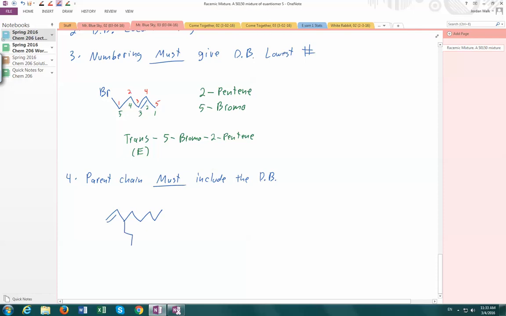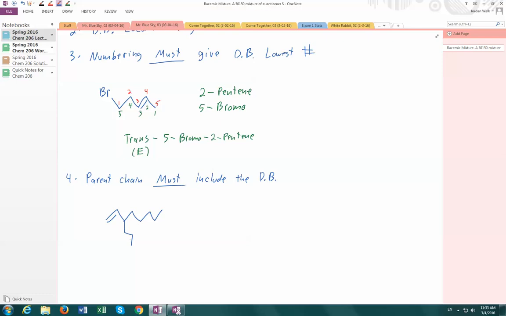What is just the overall longest carbon chain? Well, we should count 1, 2, 3, 4, 5, 6, 7, 8, 9, right? So we've got 9 carbons. But does that include the double bond? It doesn't. So if we count using a molecule with an alkene, we want to make sure we're including this as part of the chain.